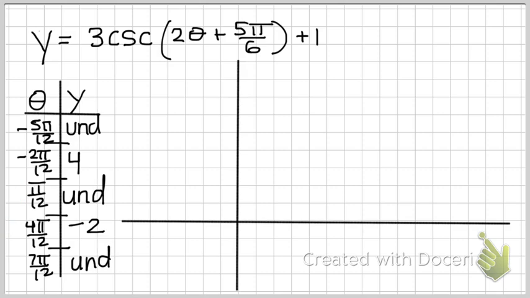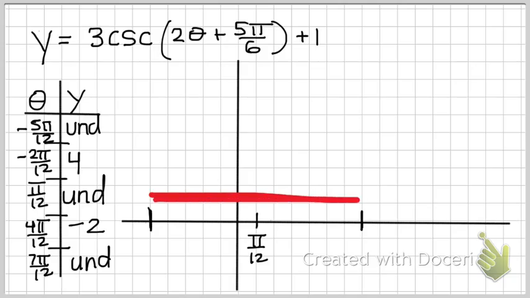So my initial instinct might be, well, what about pi over 12? And then when I count those off, that's 1, 2, 3, 4, 5. So I'd be over here for my starting position, and then 1, 2, 3, 4, 5, 6, 7. I'd be over here. And if you look at how far that is, now I'm going to have to do that again to get a second cycle, and I'm barely going to have space.